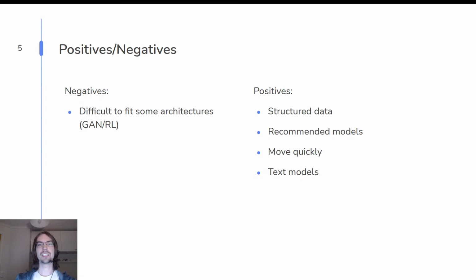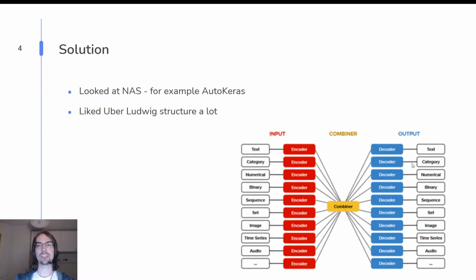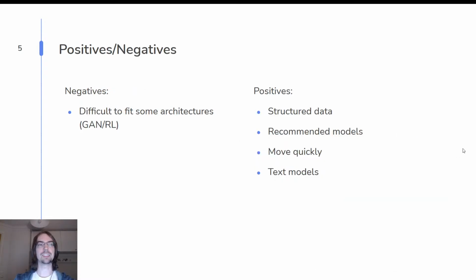Now, there come some positives and negatives with this. To go over the negatives first, inside of this architecture, it's very difficult to fit things such as GANs and reinforcement learning. So we might have to say goodbye to those for a little bit, at least in this first version. The positive thing with it though is we get the structured data set, as I said, we get the recommended models.